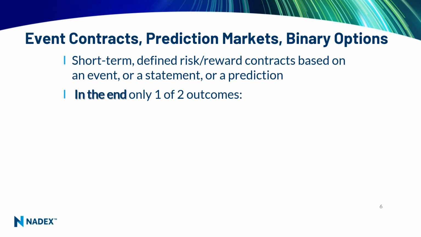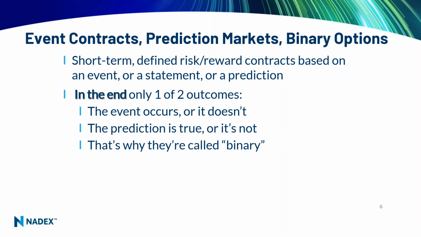All right, you've got a statement, a prediction, and either the event is going to occur, yay, it happened, or in the end, it's not going to occur. So in the end, it's either true, it occurred, or it's not true, it's false. That's it.